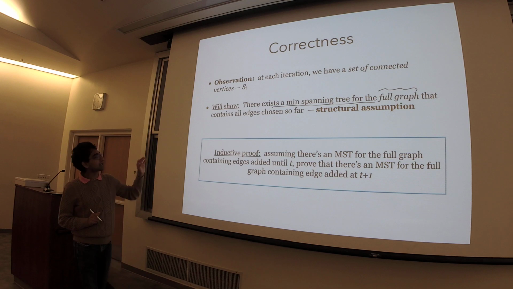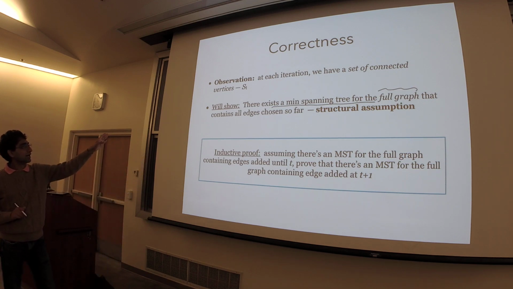This is the claim that we'll prove by induction. And note that this is a strong claim. It says that there is a spanning tree for the entire graph that contains all of the choices that you've made so far.